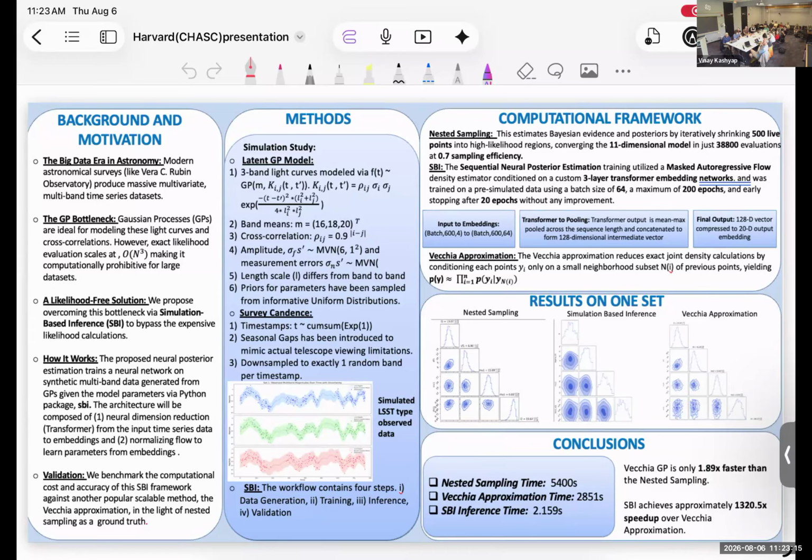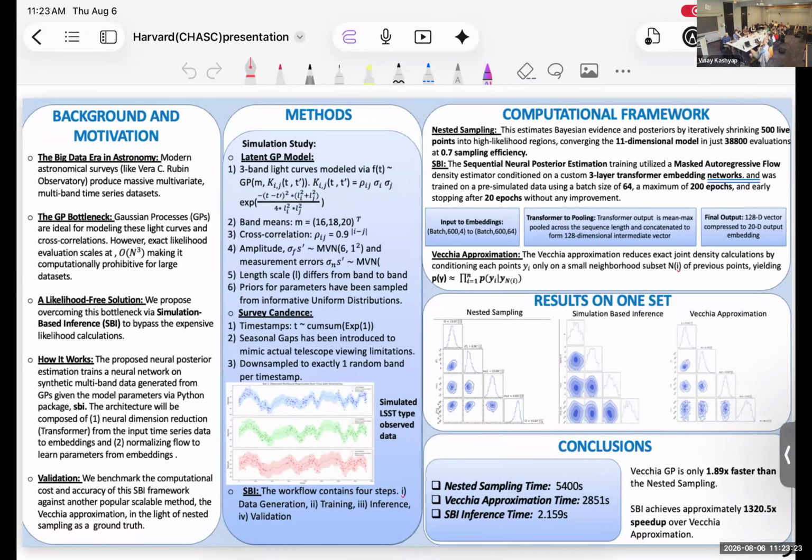I was trying to compare nested sampling and Vecchia approximation with simulation based inference, but both nested sampling and Vecchia could capture the cross correlation function between bands. I was generating 3 band data.